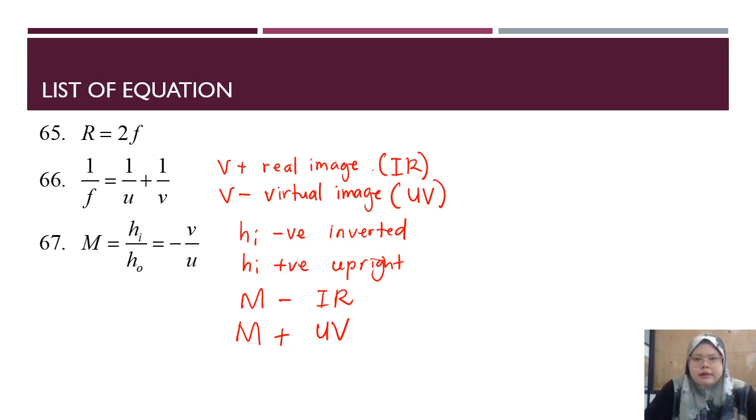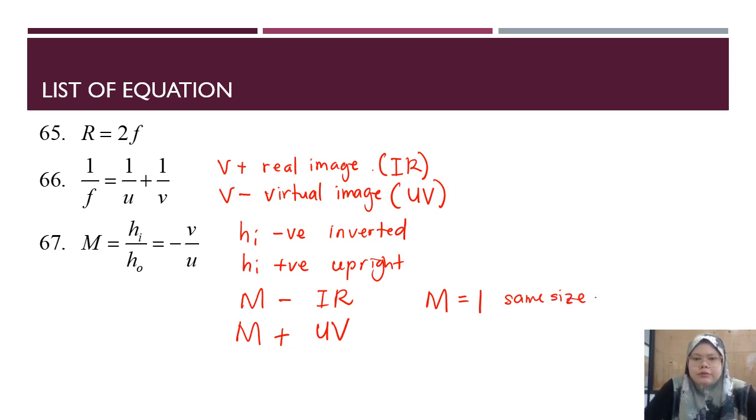Okay, and then when the magnification is equals to 1, normally it is negative 1, dia tak ada positive 1. When the magnification is equals to 1, meaning that the image is same size with the object.